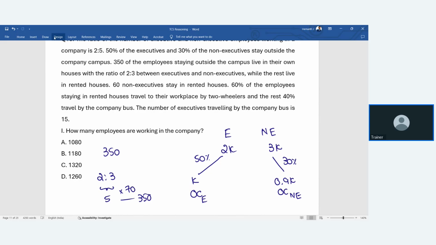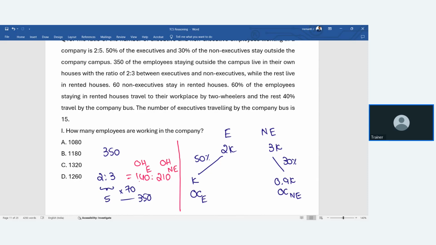So 2 into 70 is 140, 3 into 70 is 210. These 140 are own house, we'll write OH, and they are executives. These 210 are own house non-executives.